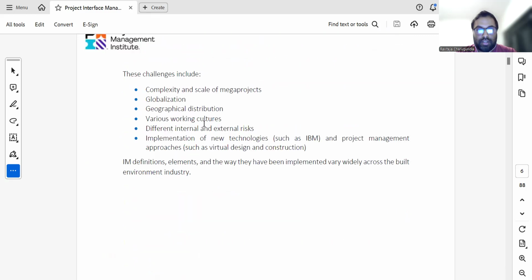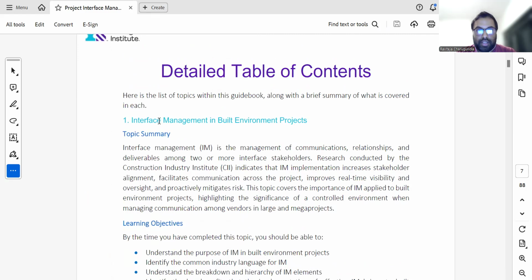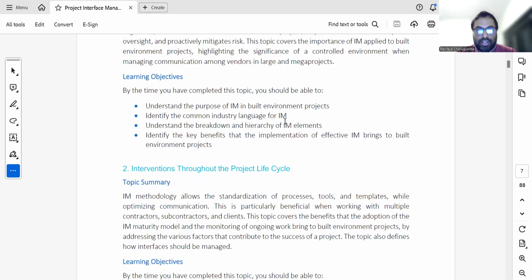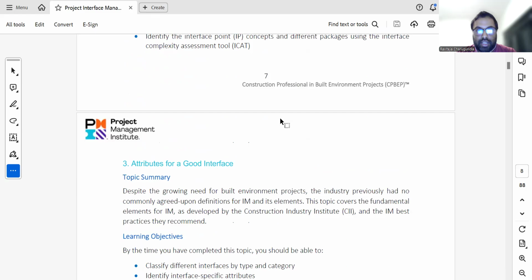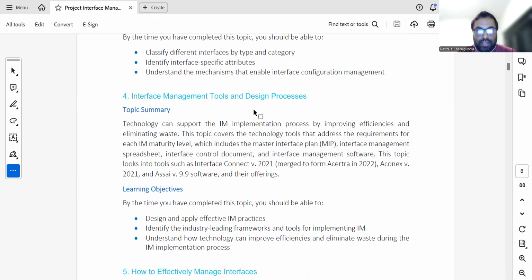If you go into the topics, there are 6 topics in this. The first topic is interface management in built environment projects. The second is interventions throughout the project life cycle. The third is the attributes of a good interface. The fourth is interface management tools and design processes.